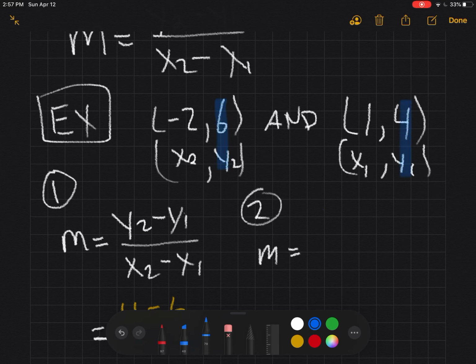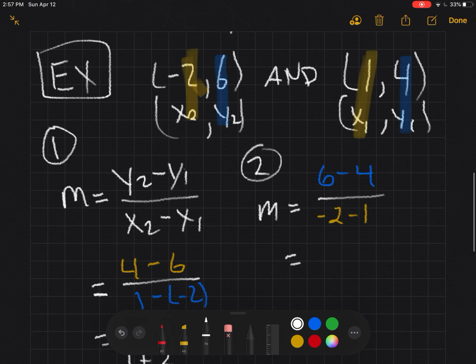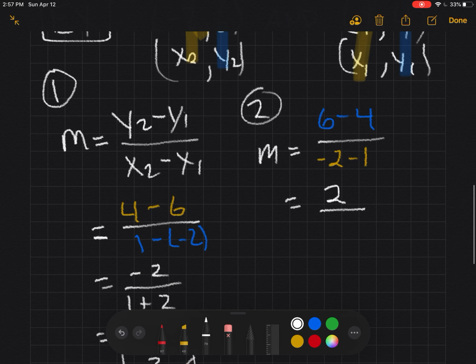Does it change our answer? Let's find out. So now I'm going to take y2 and subtract y1. And that'll give me 6 minus 4. And I'm going to take x2, subtract x1, and that's going to give me -2 minus 1. And then I'll simplify here.